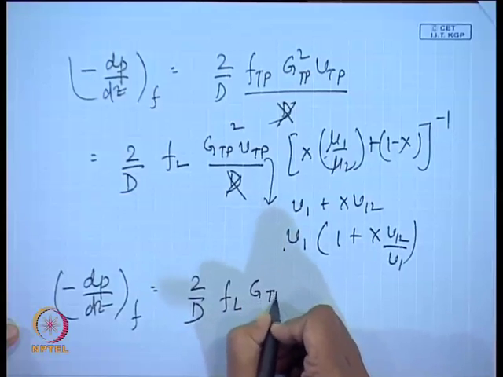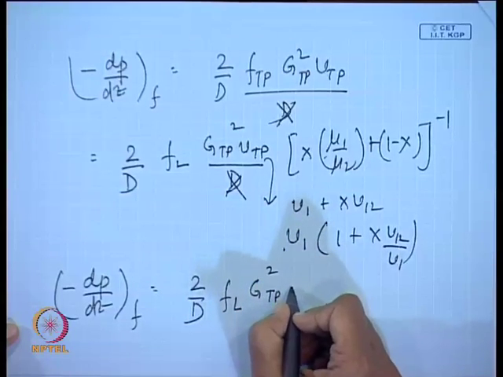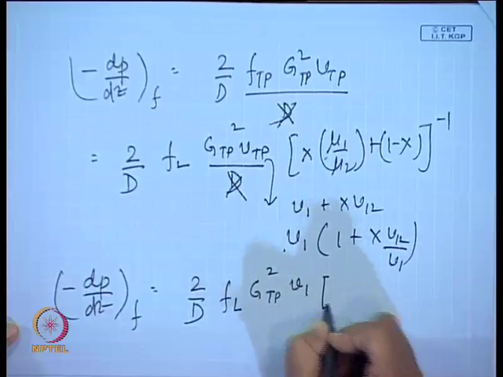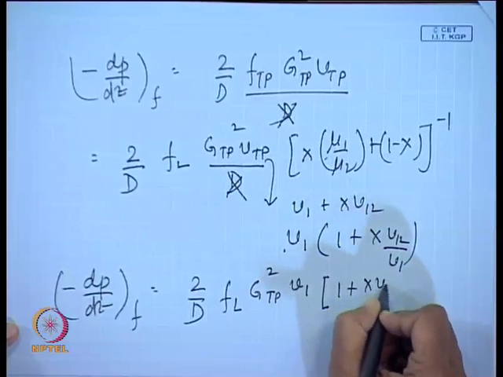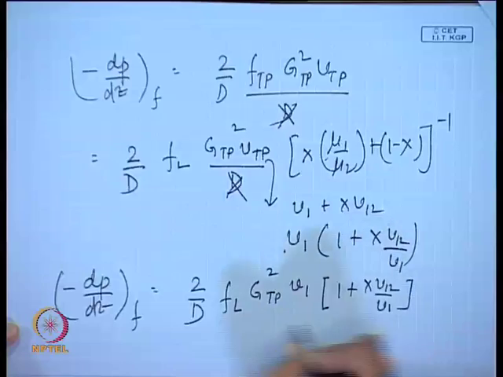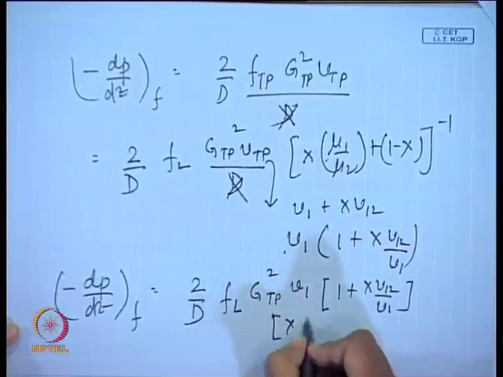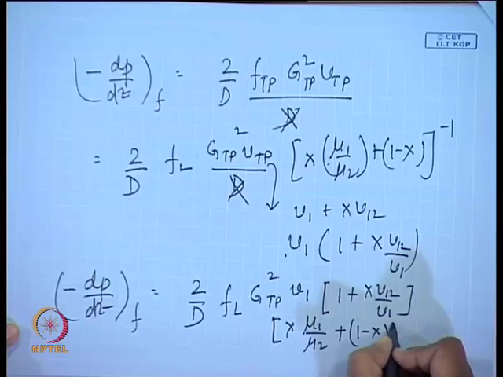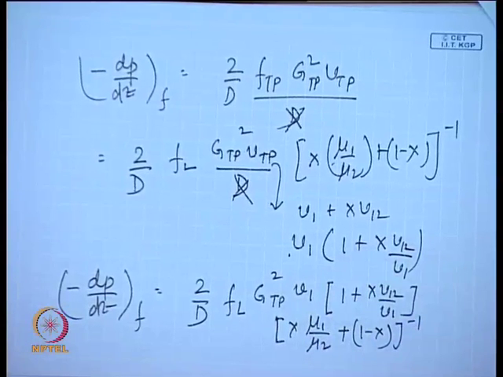Just note the type of substitutions that I am doing: v1 into 1 plus x v12 by v1 into x mu 1 by mu 2 plus 1 minus x whole to the power minus 1.